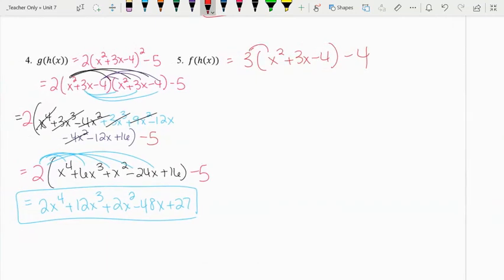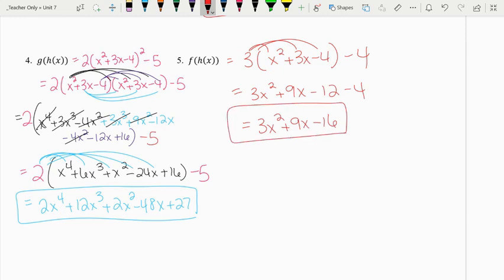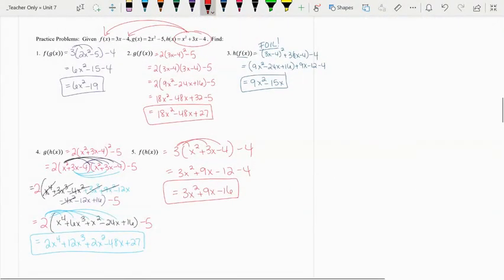So this time we're just distributing a 3. We don't have to FOIL. 3x squared plus 9x minus 12 minus 4. So 3x squared plus 9x minus 16. Okay. Now again, these are longer processes. I think the hardest part about it is to make sure that you're plugging in the right stuff.